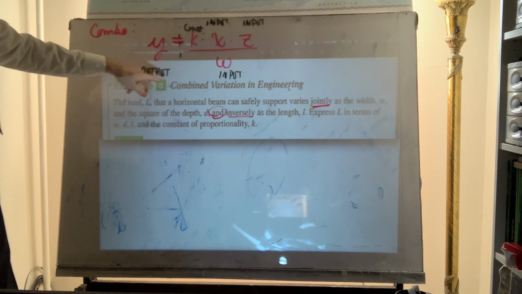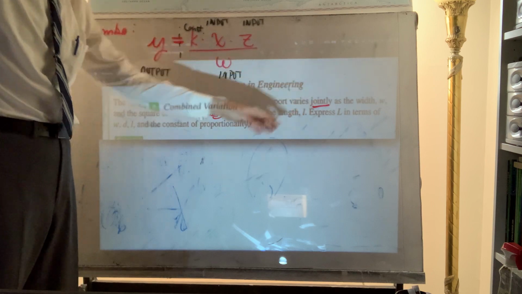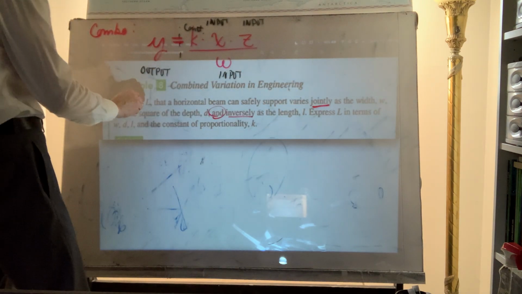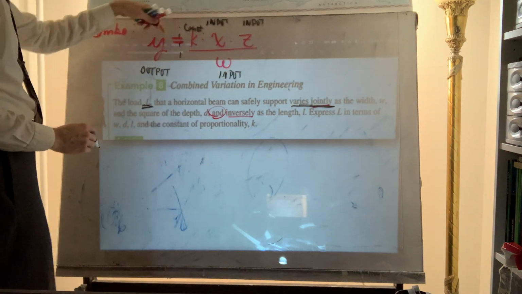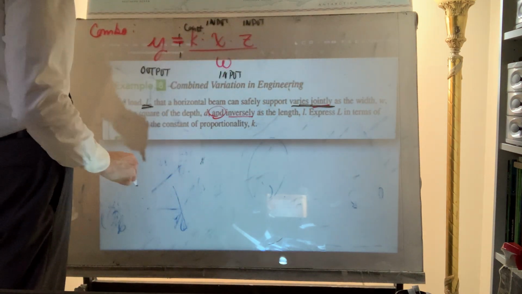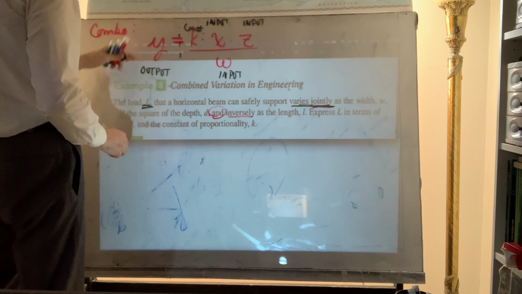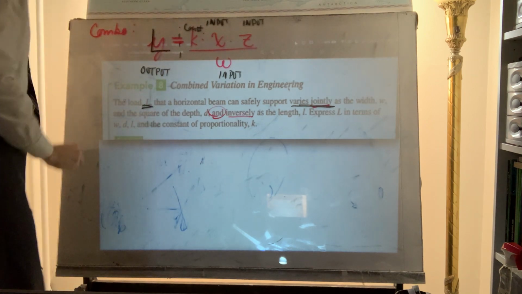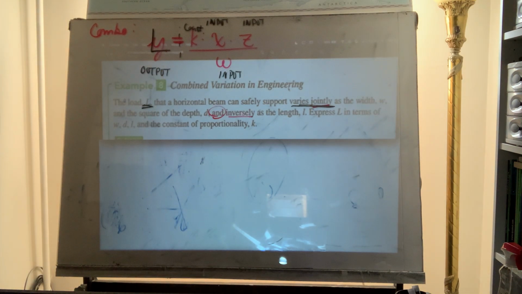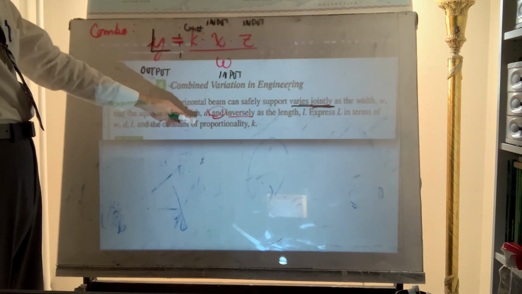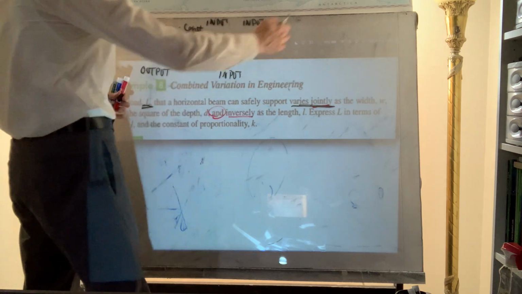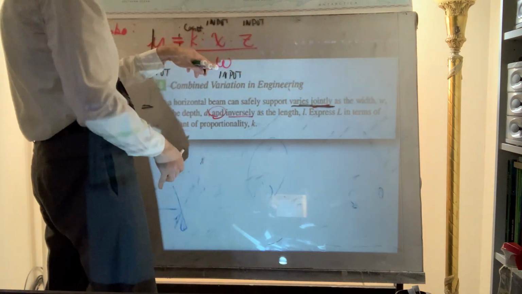The load varies jointly. I know there's a little skipping going around here, but this much is saying y equals blah, blah, blah, all right? Instead of y, we'll call it L, the load, as width W and the square of depth D. So just because W shows up first, don't confuse it with the model.